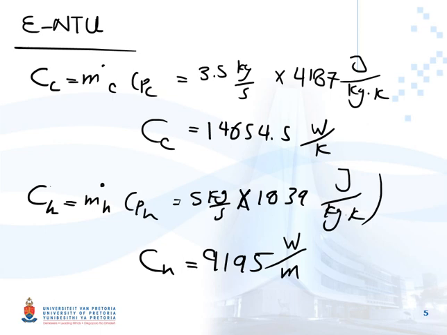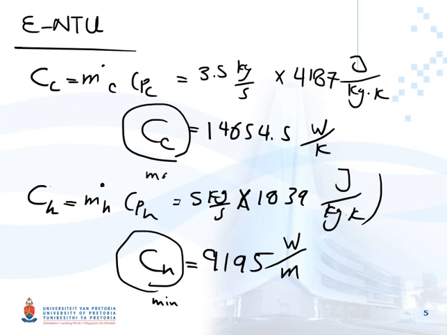Now I have the heat capacity rate of the cold fluid and also of the hot fluid. The heat capacity rate of the hot fluid is the minimum and the cold fluid is the maximum. So we can calculate the capacity ratio, which is C min divided by C max.